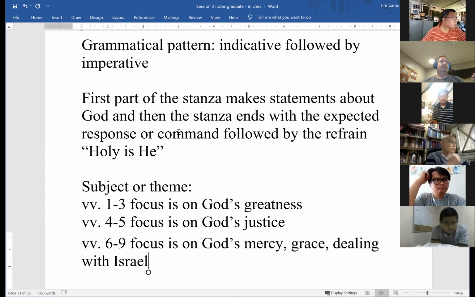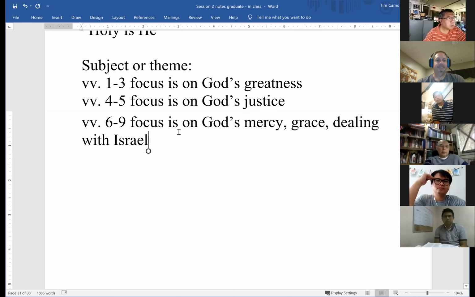Let's see, who am I going to? Athan, let me ask you this. Do you remember the 3 elements of Hebrew poetry that we talked about last week? The 3 key characteristics. Yes, the terseness.